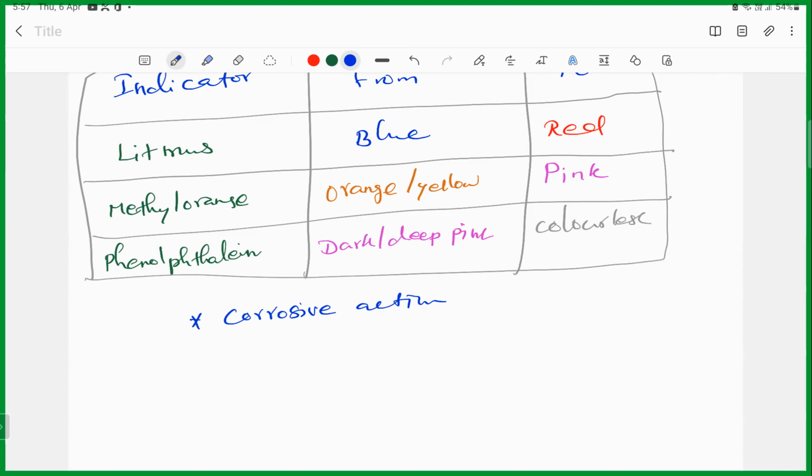So it is called burning liquid. This is because two of the commonest acids, sulfuric and nitric acids, actually are corrosive liquids. That is why the name is burning liquid.